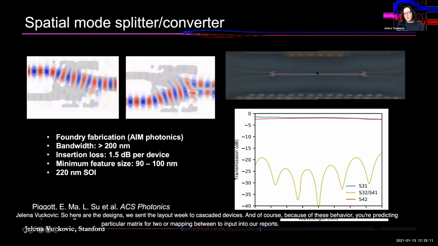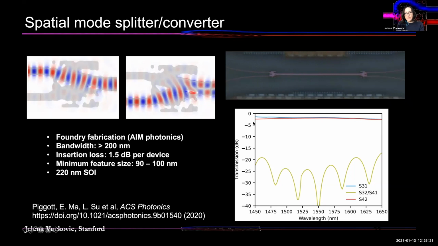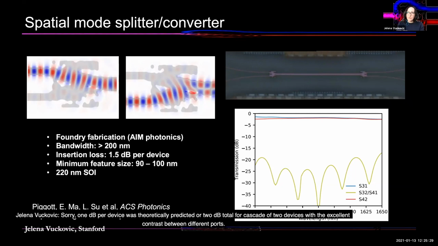We sent the layout with 2 cascaded devices. And of course, because of this behavior, you're predicting a particular matrix, or mapping, between 2 input and 2 output ports. Theoretically predicted behavior was insertion loss of 1 dB per device, or 2 dB total for a cascade of 2 devices, with excellent contrast between different ports.